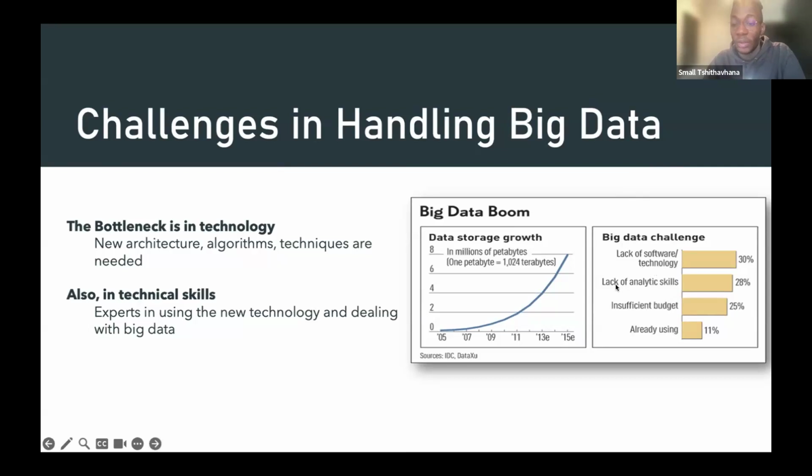And one of the major challenges, at 11%, is people already using the technologies that they have, or the resistance to change to a new technological software, and also the lack of skills when it comes to working with big data.